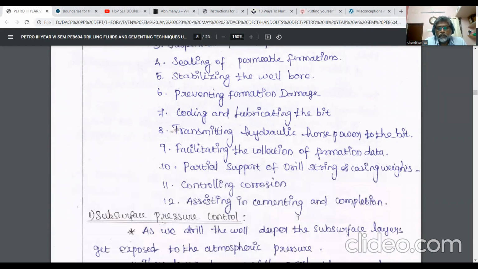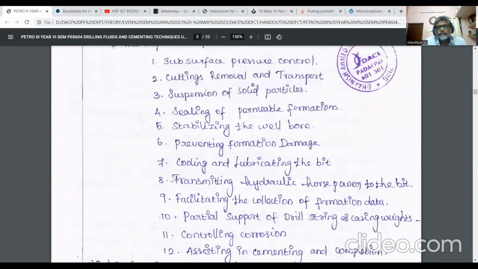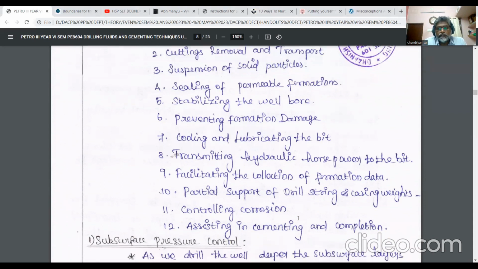But if it is for a part B question or a part C question, you got to detail it out with more technicalities as what was discussed in the classes. More time was spent for these explanations, but that's the theme behind the concept, theme behind the subject itself, drilling fluid and cementing techniques. You might feel that it is taking too much time for one specific question.